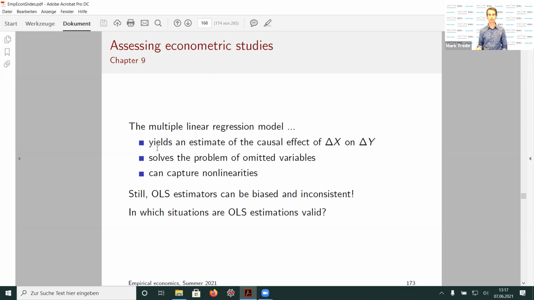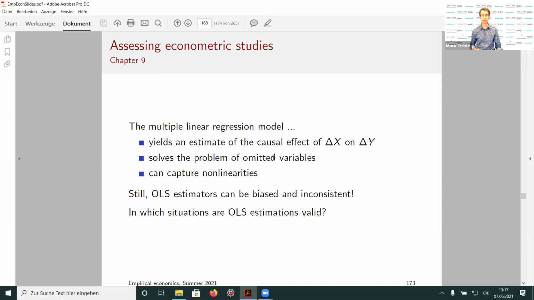We've also seen that if we include these omitted variables, these confounding factors in the multiple linear regression model, then the problem of omitted variables is solved. But that's only the case if we include all omitted variables. So then there must not remain any omitted variable.